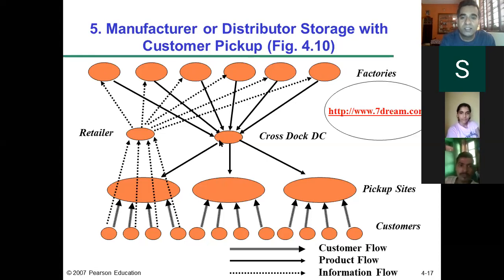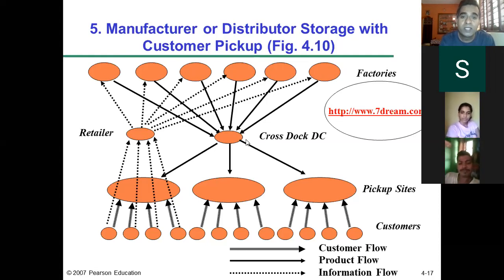One more concept here is called cross docking. The cross docking concept was pioneered by Walmart. This is about a distribution center of an organized retailer, where on arrival of a truck of finished goods at the warehouse, the goods are not unloaded into the warehouse.